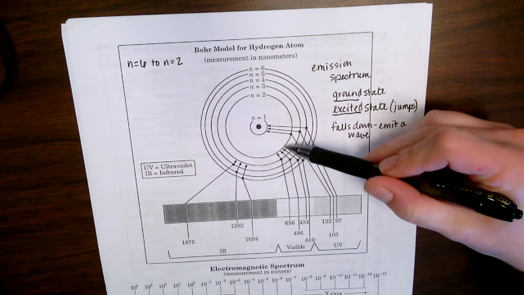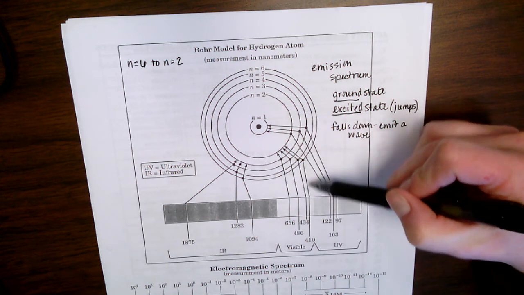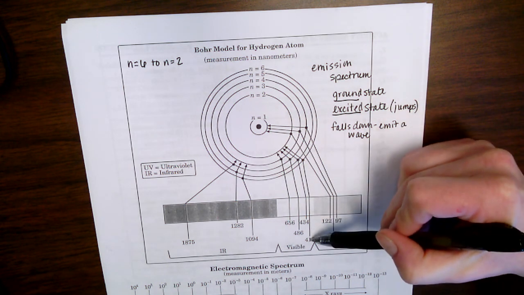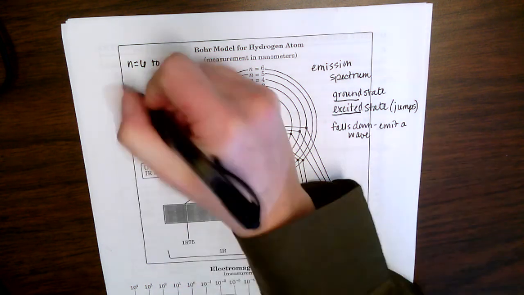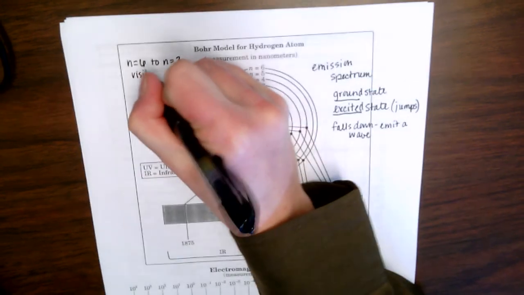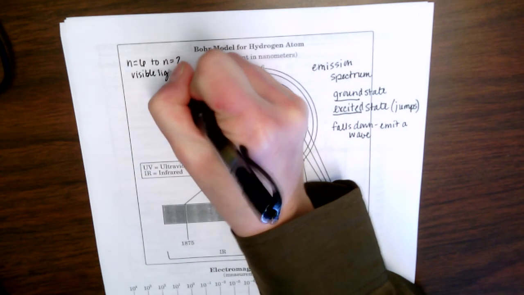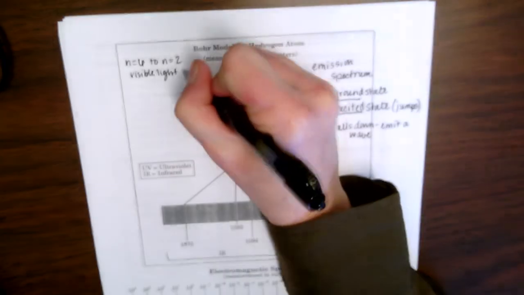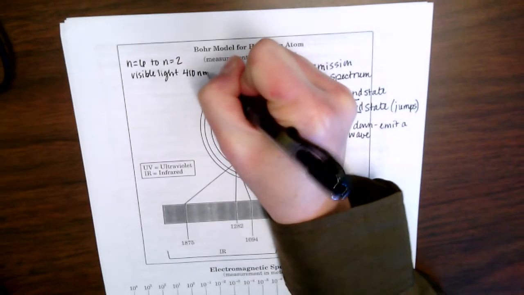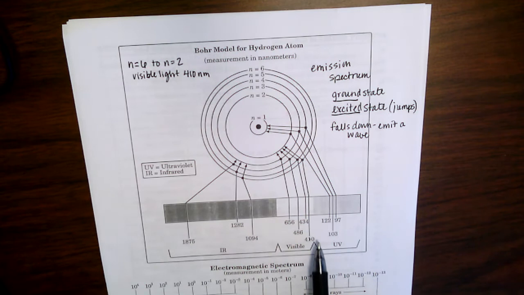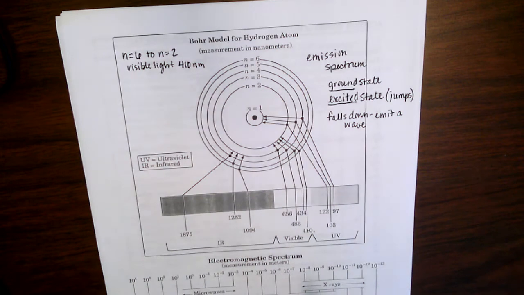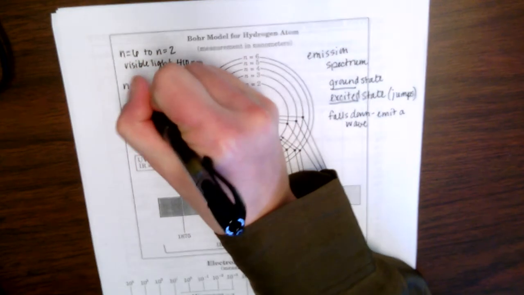So n equals 6 to n equals 2, and then we follow it down, and that gives us visible light. That would be at 410 nanometers. We know it's by UV, so more than likely that's going to be a purple or a blue color light.